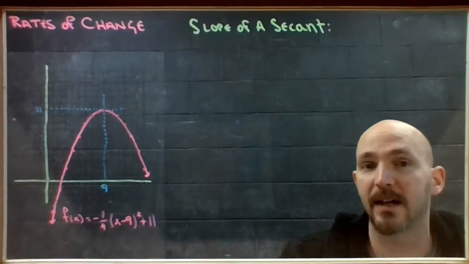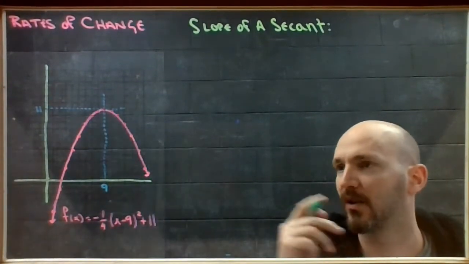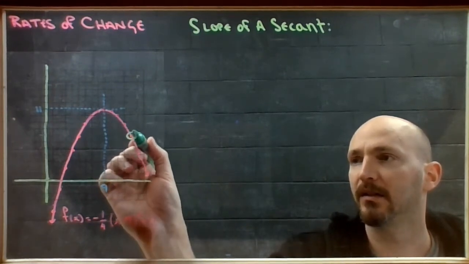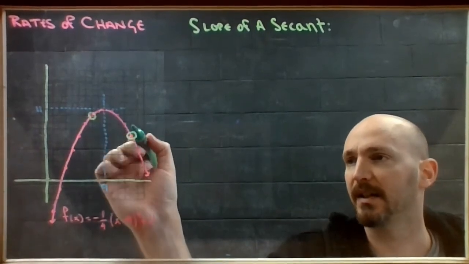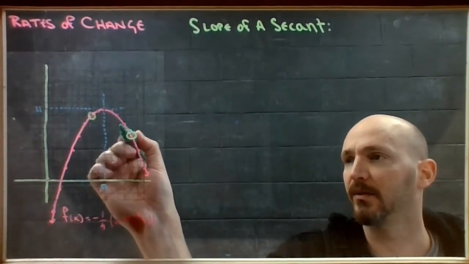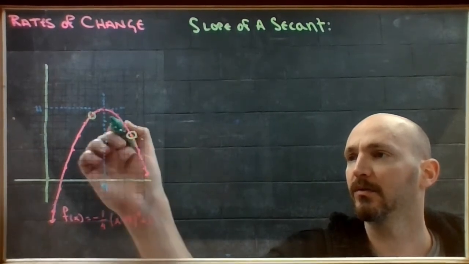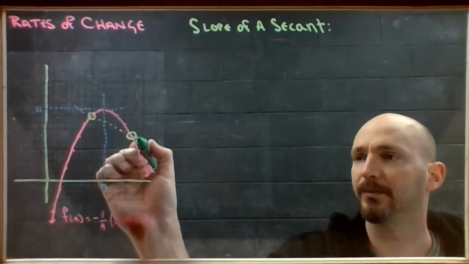Now, a secant is a line that just cuts through the function. So I might draw one from here to, let's say, here. So there's my secant.